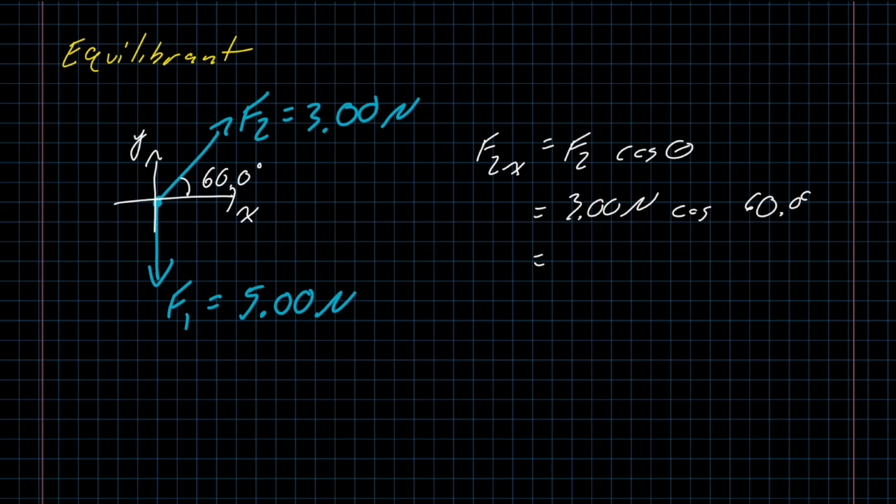Put that into my calculator and I get F2x is 1.50 newtons. F2y would then be F2 times sine of theta.